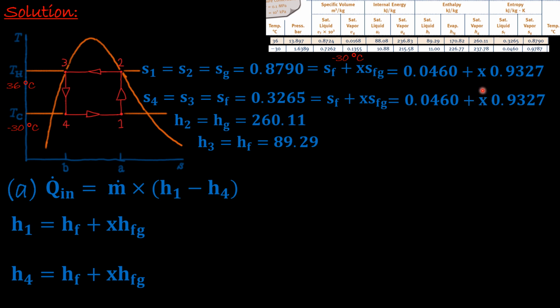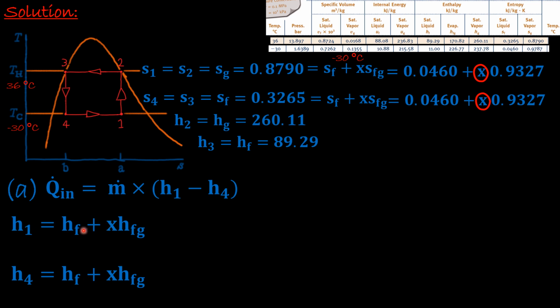And again, we will do simple algebra to find the two x values, and these values will tell us at state 4 how much vapor is in the mixture, and in 1 also it will tell us how much vapor is in that state.